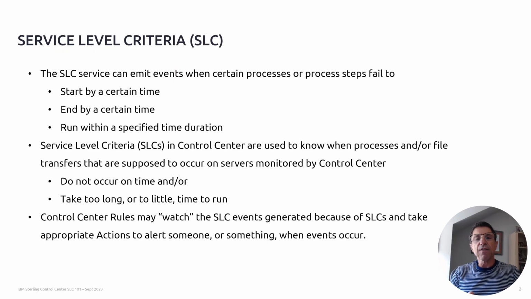And if they don't happen, or if they take too little time, or if they take too long to run, then the SLC service will emit events for that. And if you have the right rules in place, you can be notified when your processes don't end by the time they're supposed to, or your transfers don't occur.